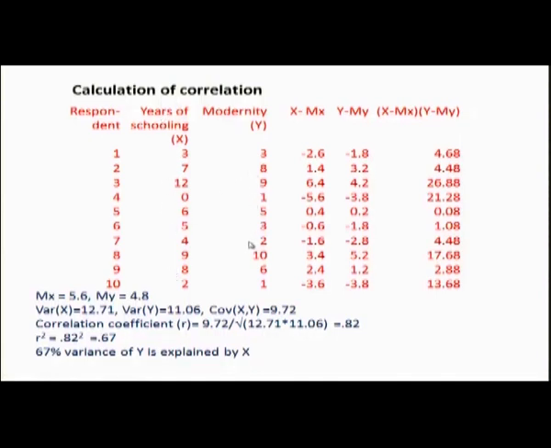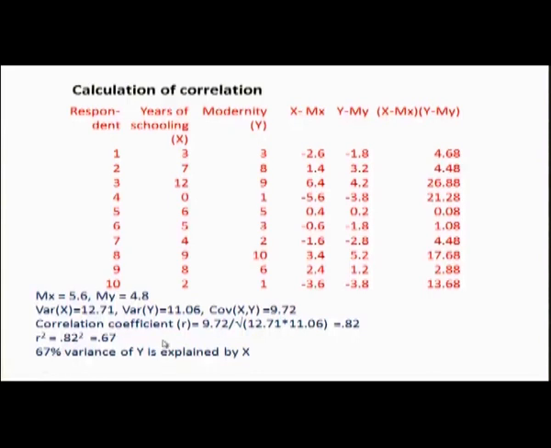These variances are 12.75 and 11.06. Covariance between the two is 9.72, which is obtained by multiplying deviations of x and y from the respective means and multiplying them. Sum of these values divided by 10, n is 10, is 9.72.